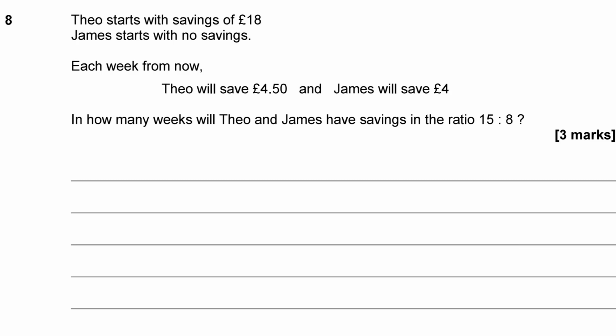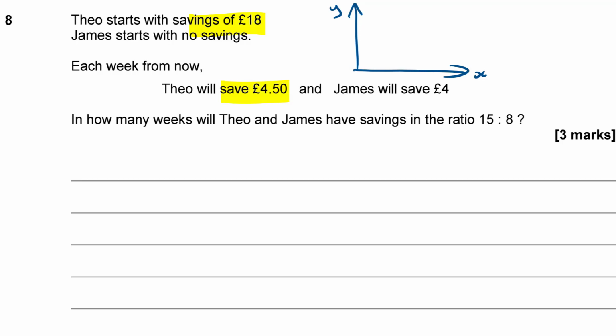Now I suppose you could think of this as two linear equations, couldn't you? Theo starts with 18 and he saves £4.50. If we did it like a graph, x could be the number of weeks and y can be the total savings.